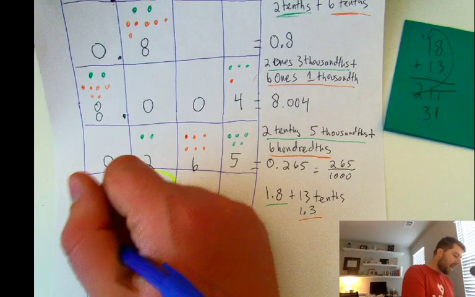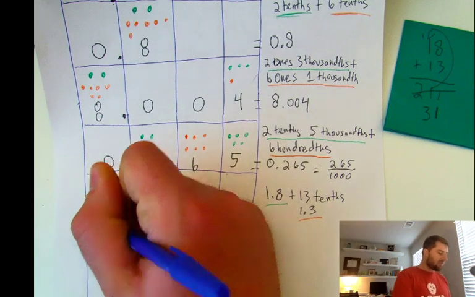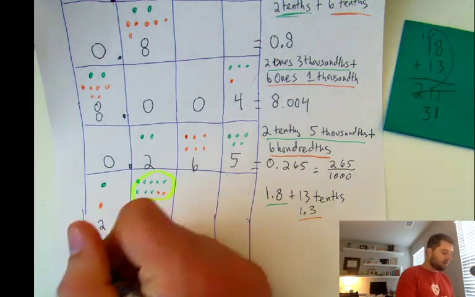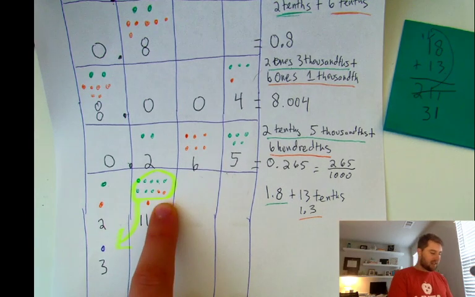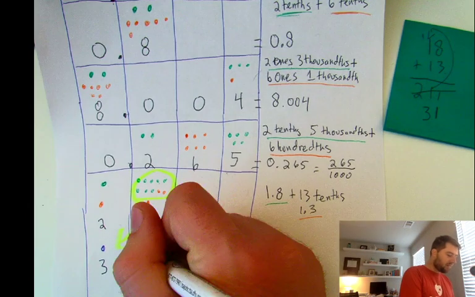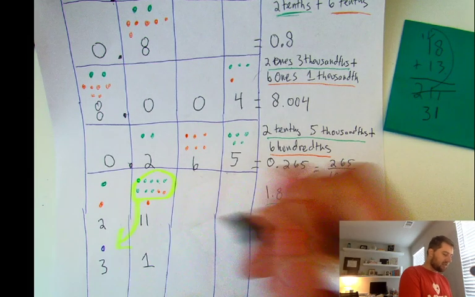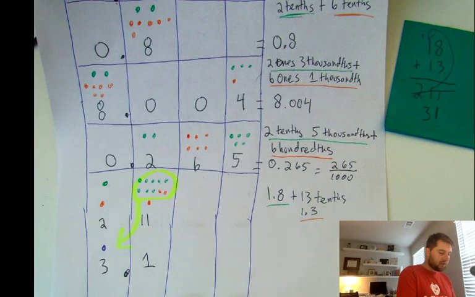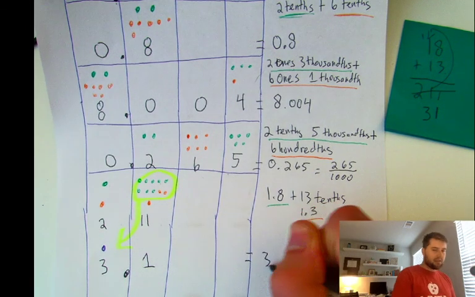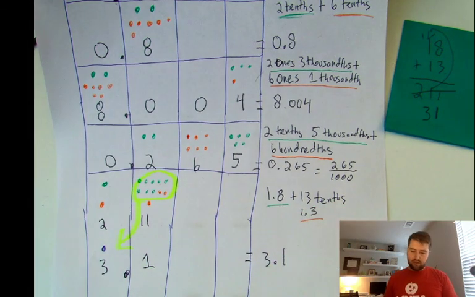So now we have 2 dots plus 1 more, and 2 dots plus 1 more is 3 wholes. Then we have 11 dots, take away 10, and we are left with 1 tenth. Our decimal place is still right there, same column. So our answer is 3 and 1 tenth, 3.1. Awesome.